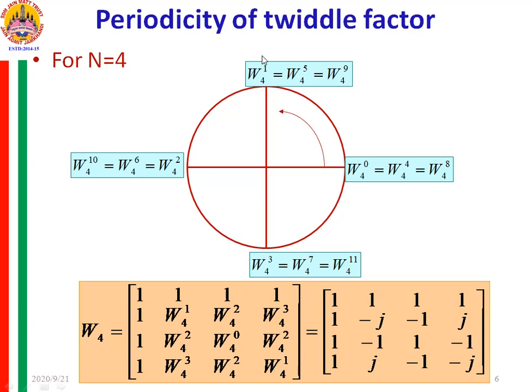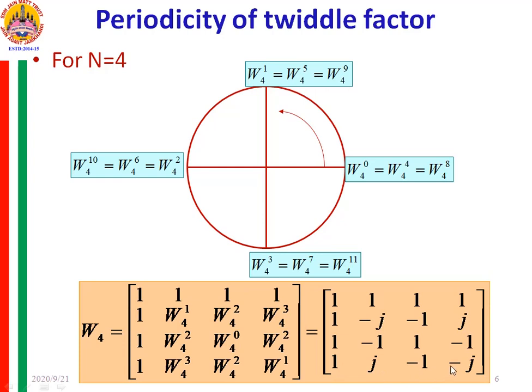So W raised to 1,4 has value minus j, W raised to 0,4 is 1, so 2,4 is minus 1, and W raised to 3,4 is the conjugate of 1,4, that is j. So the second row is 1, minus j, minus 1, j. The third row, these are all real: 1, minus 1, 1, minus 1. And the last row: 1, j, minus 1 and minus j.